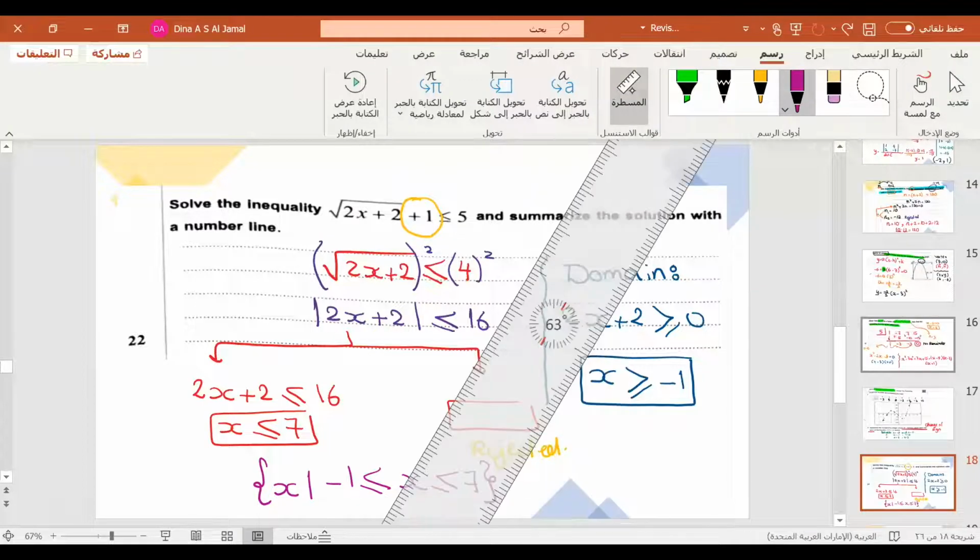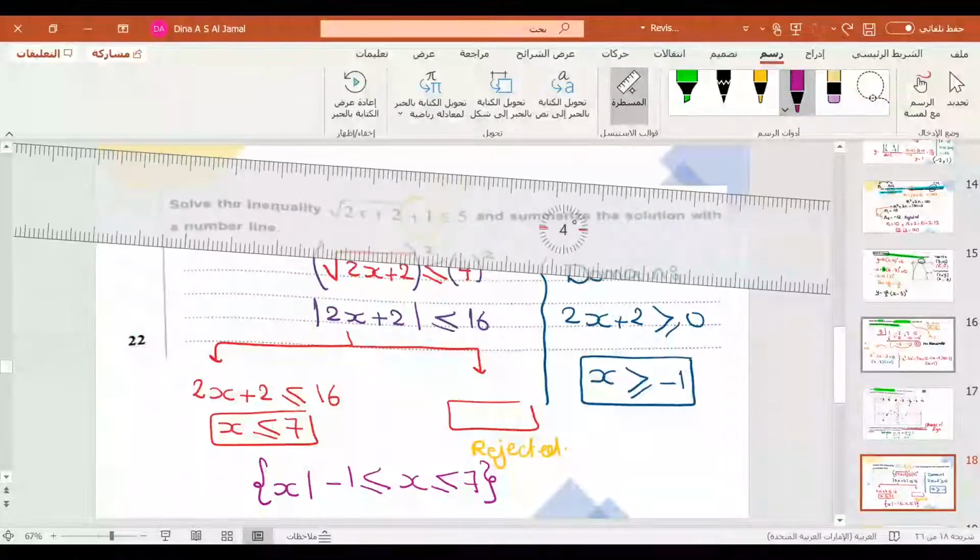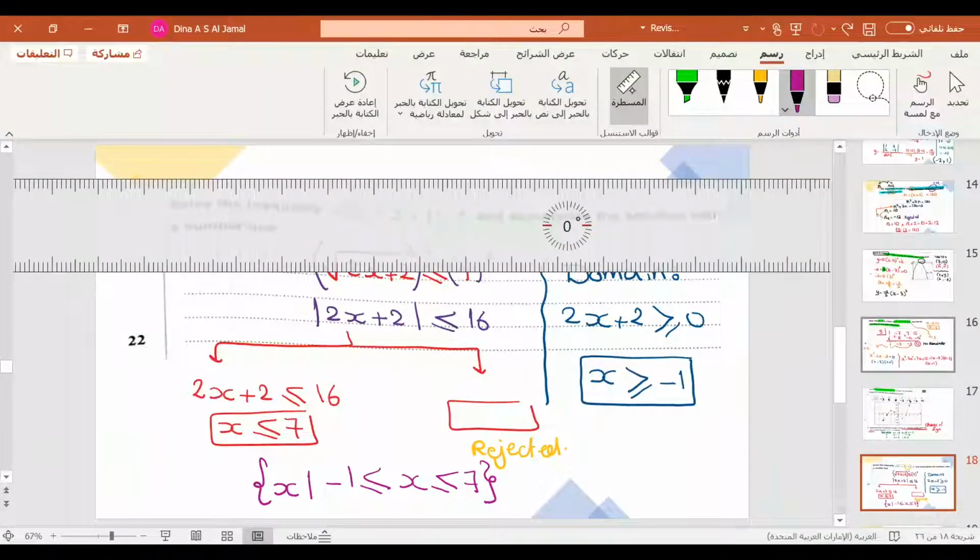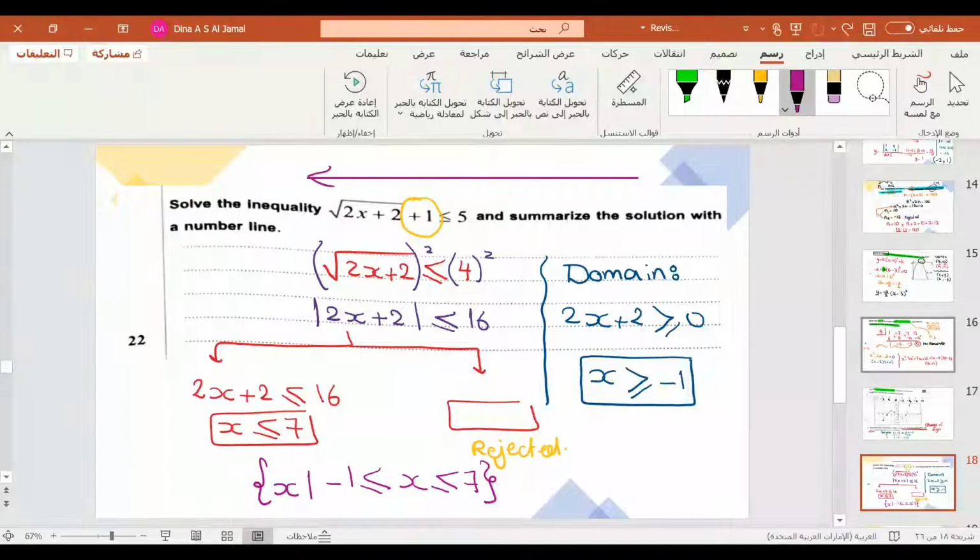If you would like to graph the number line to summarize the solution, your values will be something like this: 0, -1, or let's take it directly, 2, 4, 6, and 8.